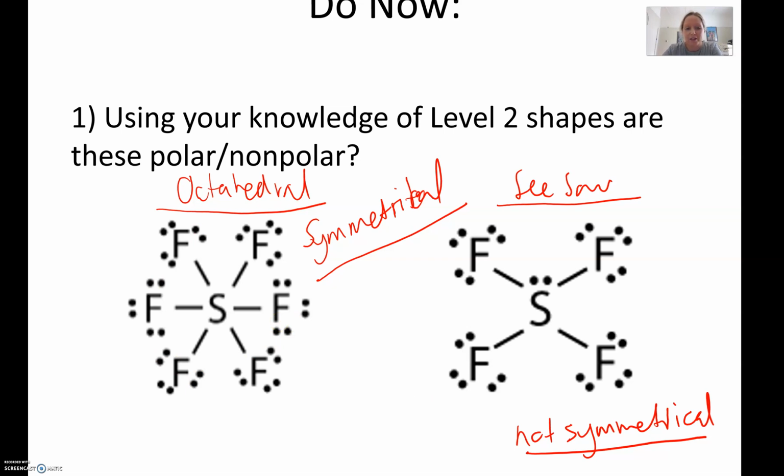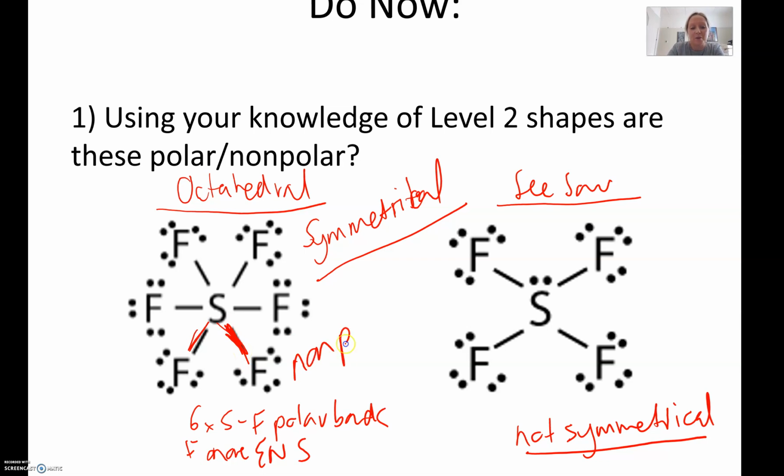So let's go through this answer. In SF6 there are 6 times SF polar bonds, and the reason why those bonds are polar is because F is more electronegative than S. We would then say that the octahedral shape is symmetrical, so the dipoles that are created cancel, and this shape is non-polar.